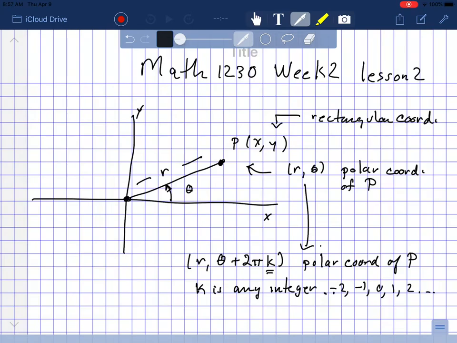Okay. Not only that, but we also found that r can take on negative values. And so another set of polar coordinates for the point P is given by minus r, comma, theta plus pi.